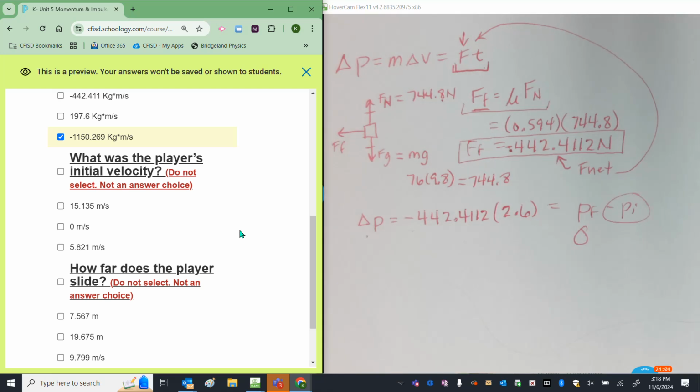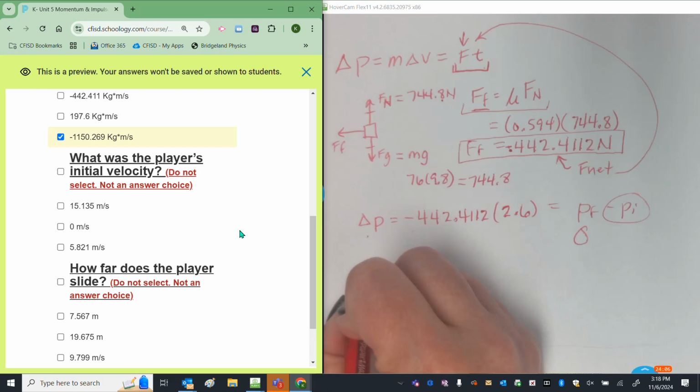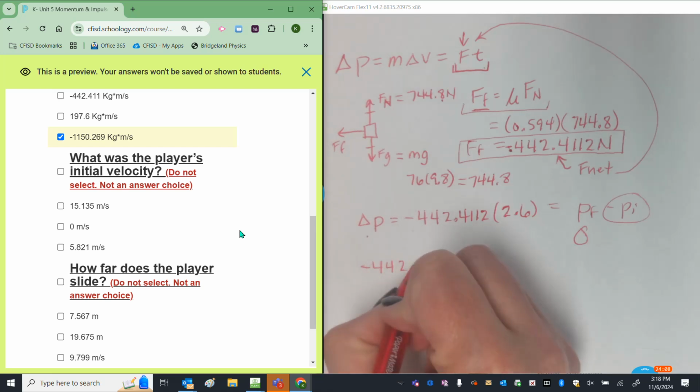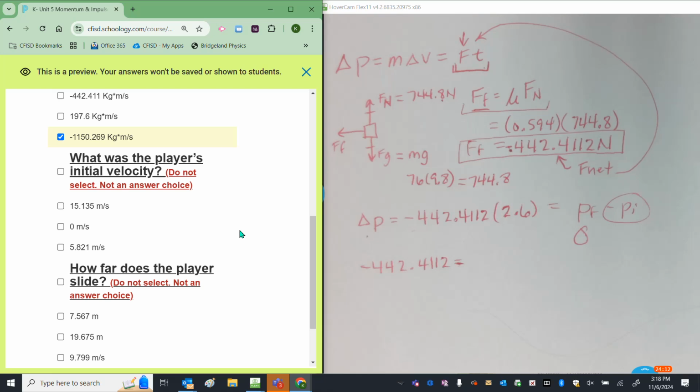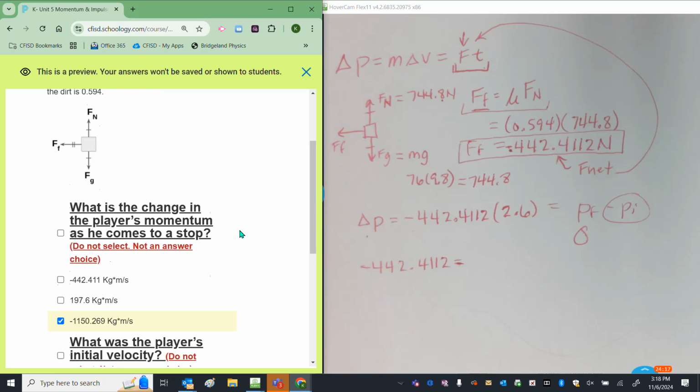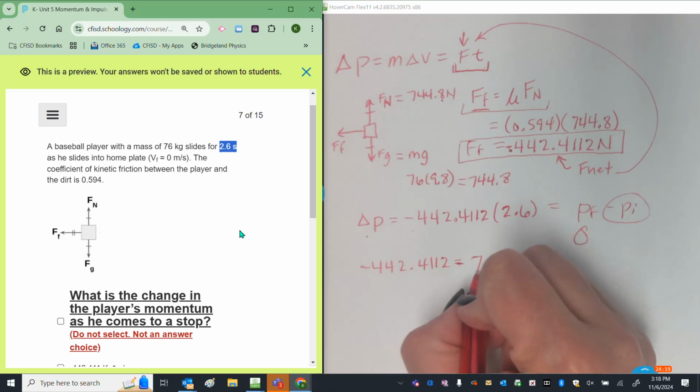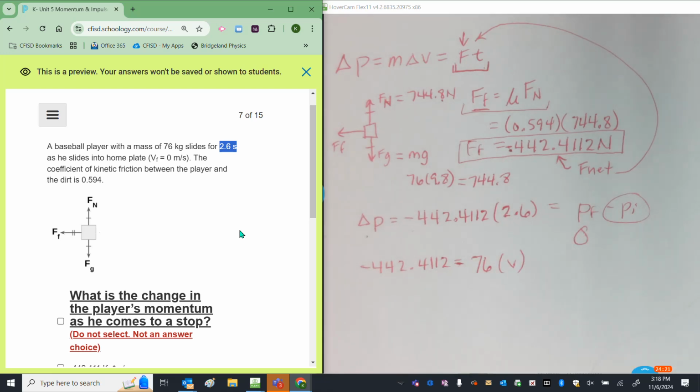Okay, which means I can say negative 442.4112 equals mass times initial velocity. The mass of the baseball player was, I already forgot, 76 times v. Okay, and so that will give us his initial velocity.